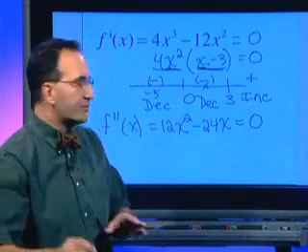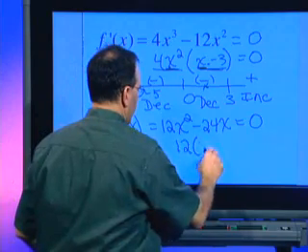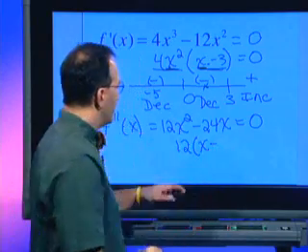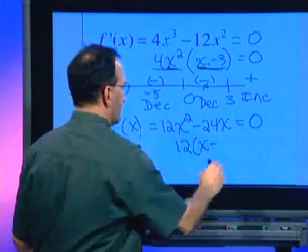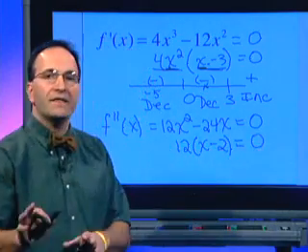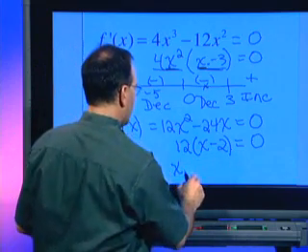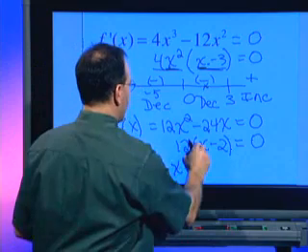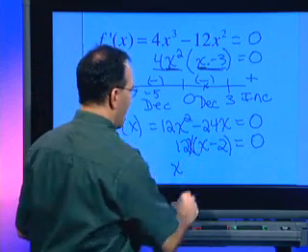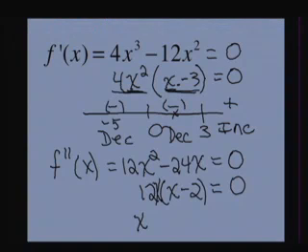In this case, we can factor out a 12x, which leaves me with x minus 2, which equals 0. I'm sorry, I need an x right there, don't I? Let me sneak it in there. So 12x times x minus 2. That tells me that x is 0 and x is 2.